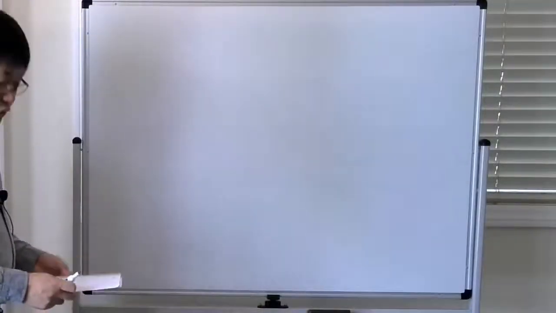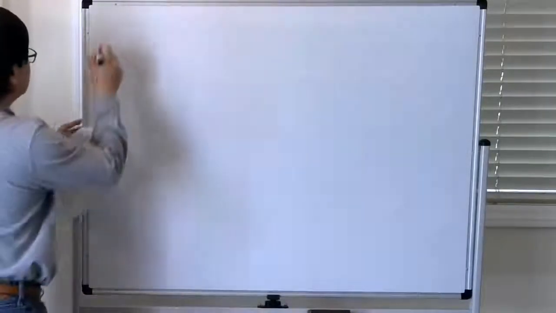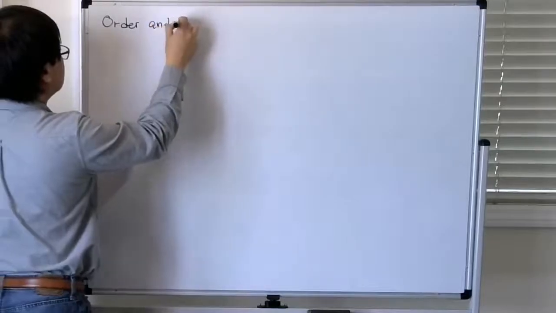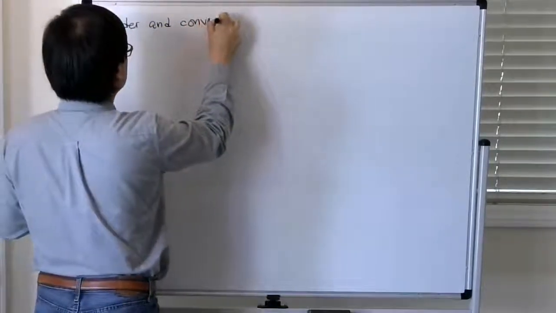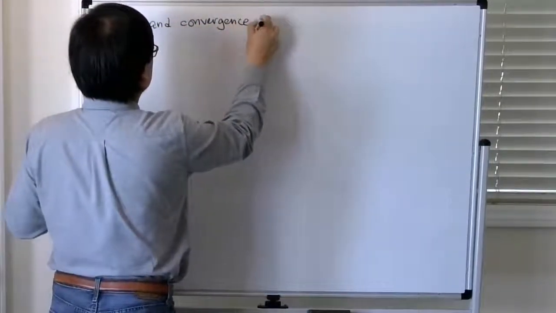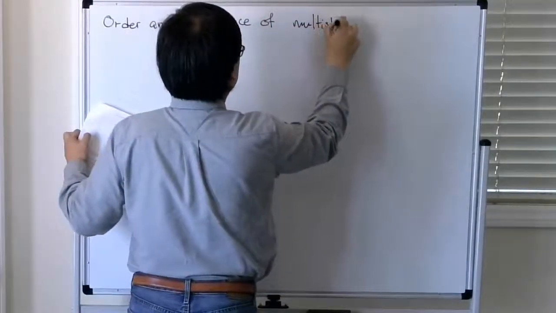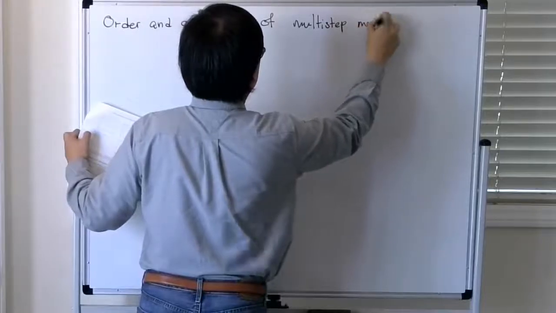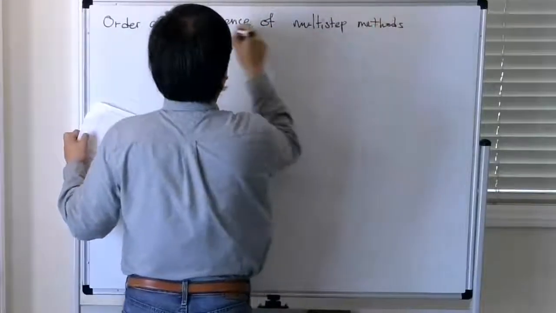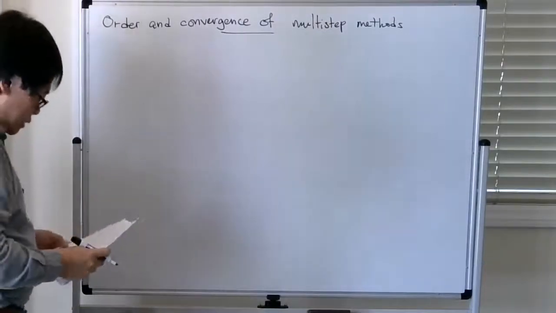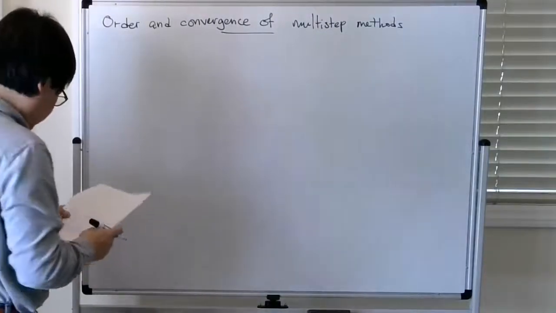All right, so now we're going to look at the order and convergence of multi-step methods. Okay, so we're going to consider multi-step methods in the following form.